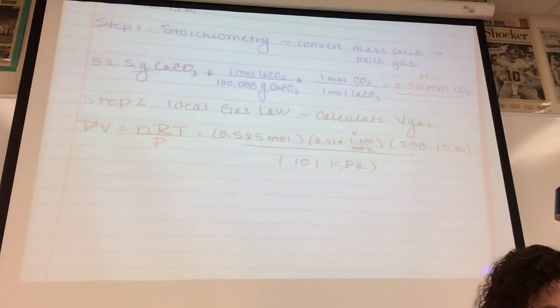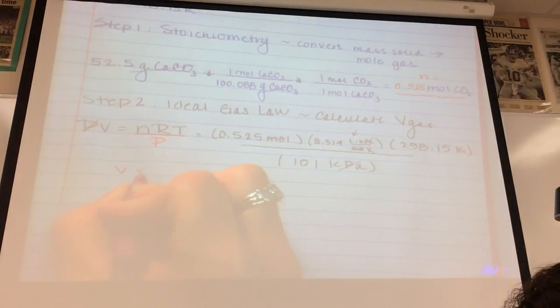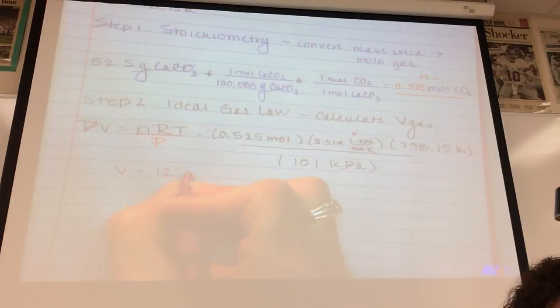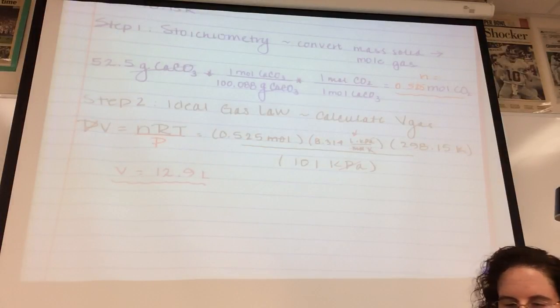You're left with a unit of volume which is consistent with what you want. And you've got a volume equal to 12.9 liters. We were given 3 sig figs, that's what we're giving back.